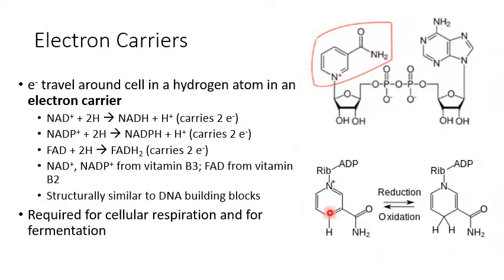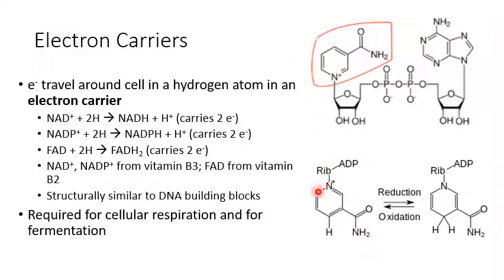The bottom figure is zoomed in on that part of the NAD+ molecule. The Rib here stands for ribose, so that's this part here, and then the ADP is all of this. So this is almost like an abbreviation for the rest of the molecule, and then here's that part that is circled in red where the electrons are actually attached.